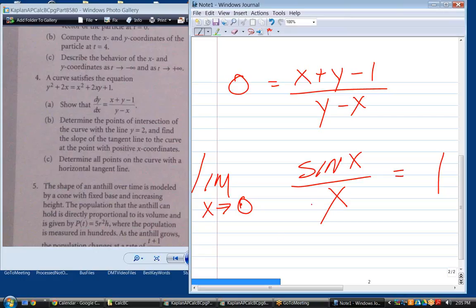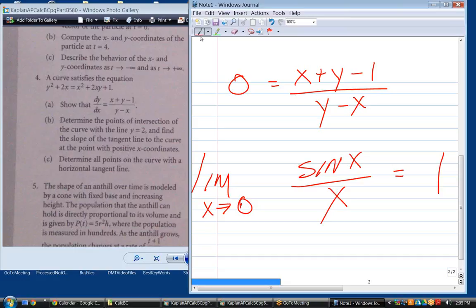If I solve this using L'Hopital's rule, I get cosine x over 1, which is 1 over 1. So here's a case where the limit of two things that go to 0 equals 1. That's the only reason I start thinking about it. In other words, this puzzles me.